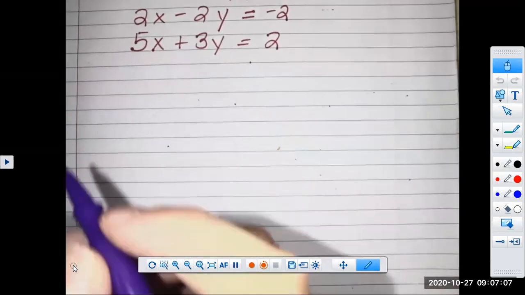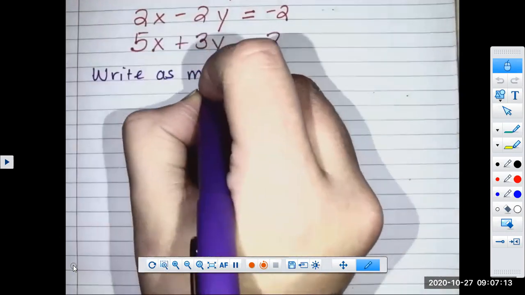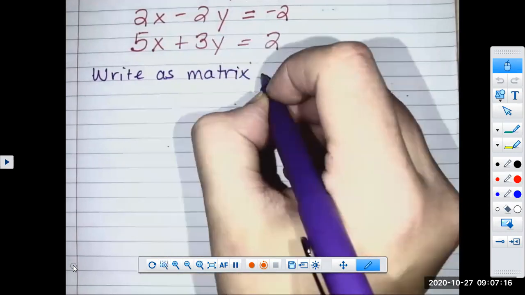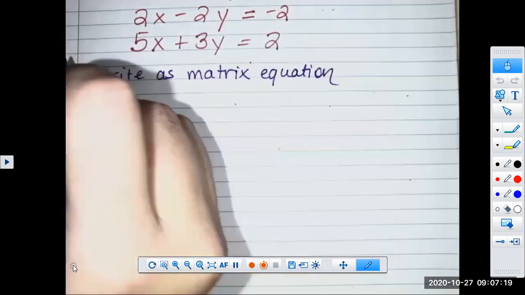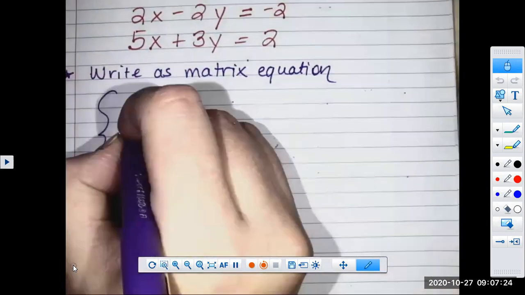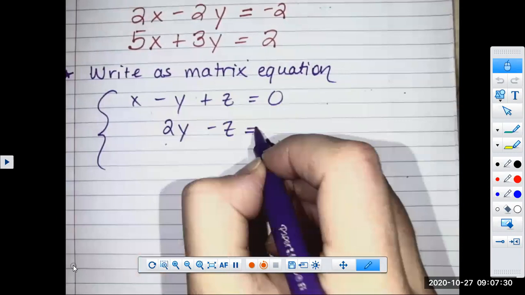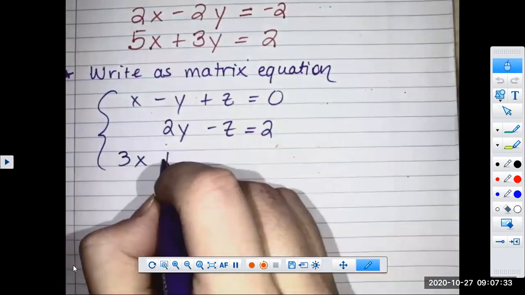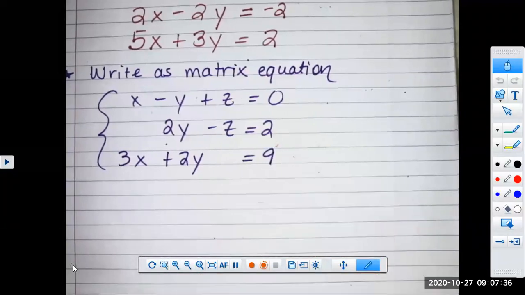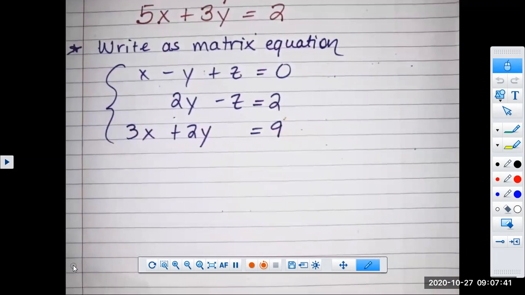All right, let's reverse that. Okay, they want you to put this in a matrix equation, which means you're going to have a coefficient matrix, variable matrix, and that's set equal to a constant matrix.